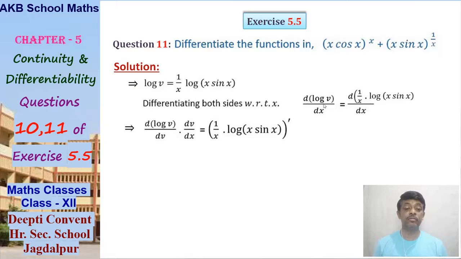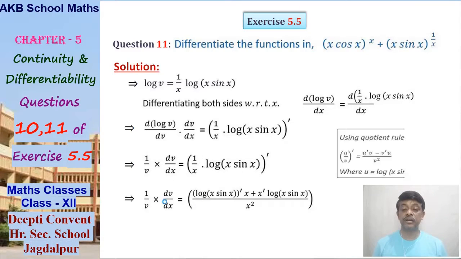So d of log v by dv and dv by dx, and the derivative of (1/x) log(x sin x). First function, second function. Here 1 by v, dv by dx equals the derivative of this. Now 1 upon v. Here (u/v)' equals (v u' minus v' u) over v square. This is the quotient rule.